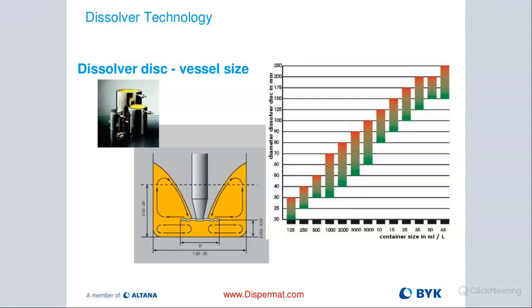And if you're on the lower end, then you want to reduce the blade diameter, right? So you want to use a smaller blade. So if it's like water, then you may want to start out with a 30 millimeter blade. And if you have peanut butter or something similar, you may want to go all the way up to a 70, right? So that's all possible within a 1000 milliliter container to move in between these different blade diameters.